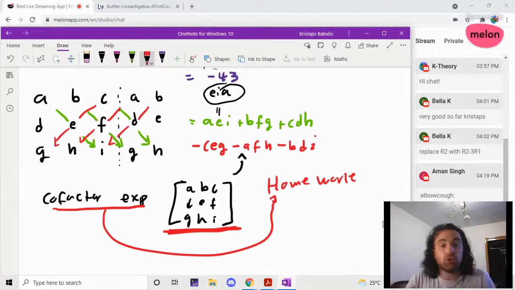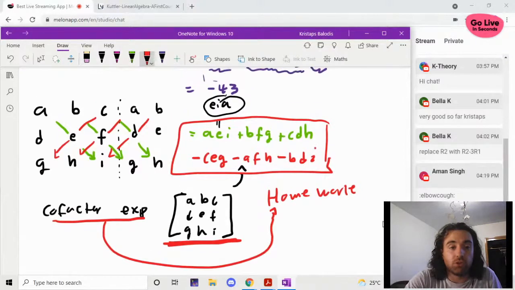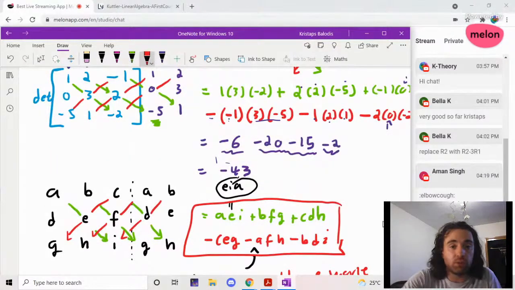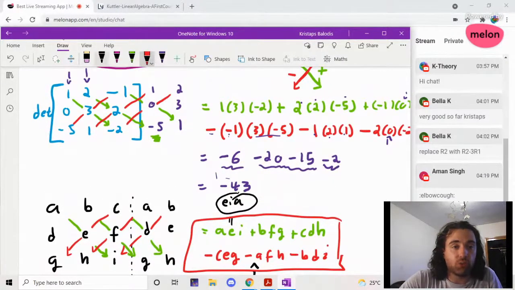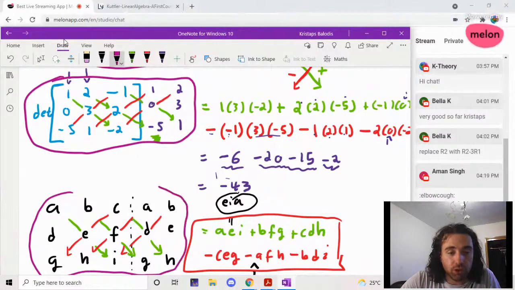and do cofactor expansion along it. And in order to check that you did it right, it should be equal to this at the end of it. In both cases, it's the same sort of pattern that we're using to determine the determinant of a 3x3 matrix. So this is a great way.